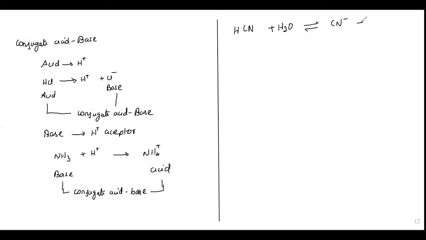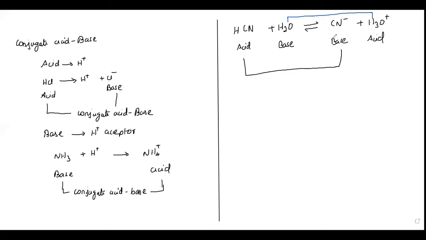H2O will accept H plus, so it will become the hydronium ion, H3O plus. So HCN is acid, H2O is base. After donating H plus, what is left is base. After accepting H plus, it will become acid. So this is a conjugate acid base pair, and this is also a conjugate acid base pair.